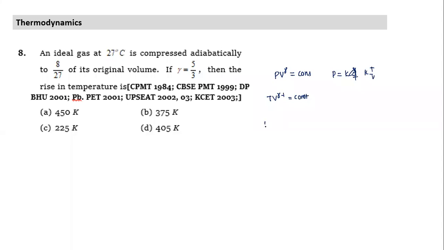So T1 V1 raised to gamma minus 1, where gamma minus 1 is equal to 2/3, is equal to T2 V2 raised to power 2/3. Typically you find all terms have a perfect cube root, so it becomes easy. I think you can easily get the answer.